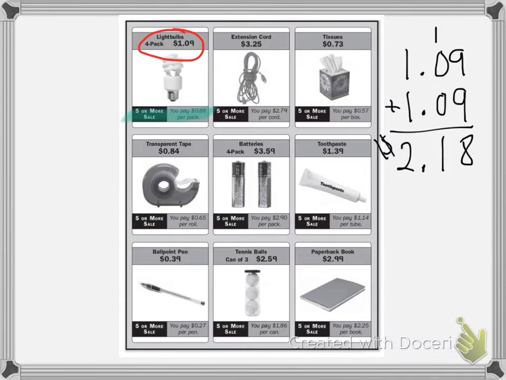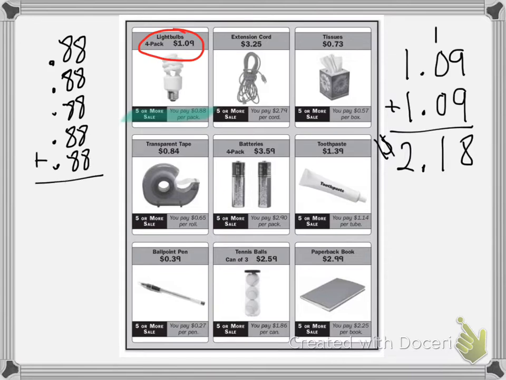Now if I want 5 packs of light bulbs, notice the price is no longer $1.09. When I'm buying 5 or more, it drops down to 88 cents. I'm going to get 5 of them. Alright, so let's do this. 8 times 5 is 40.